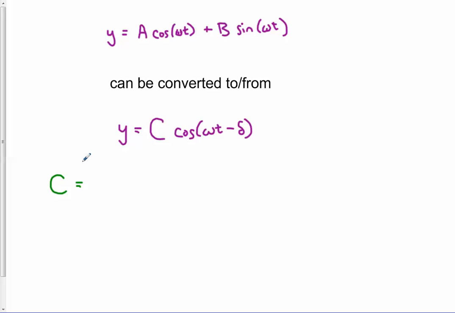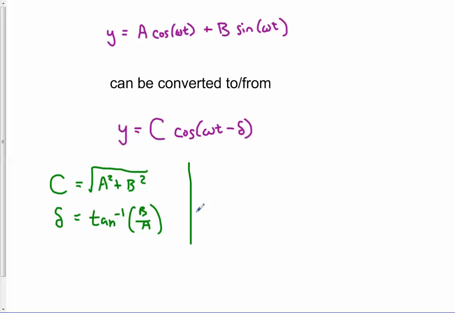to go from this to this, C is the square root of A squared plus B squared, and delta is the inverse tangent of B over A. So it's actually very similar to polar coordinates conversion formulas, and that's where it comes from if we delve into the actual proof of how you go from here to here, which I'm not going to do here.